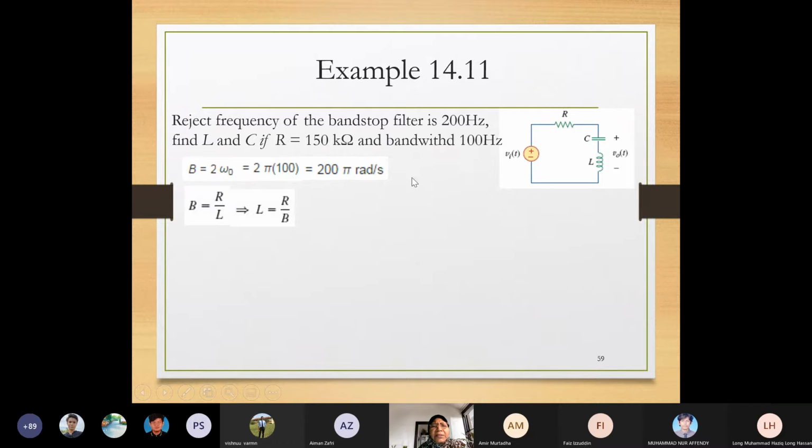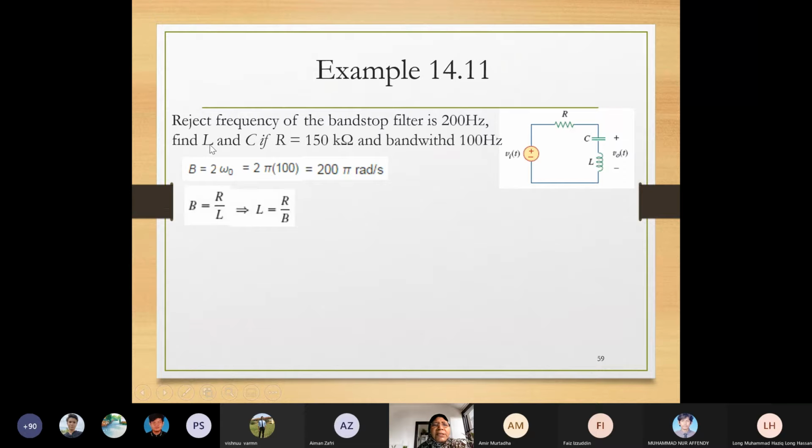Okay, have you done this example? I think this one is not finished yet. So here you are given the resistor of 150 kilo ohms and the reject frequency of the band stop filter is 200 hertz.